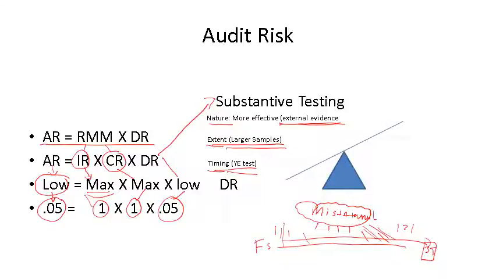We're going to get more into the nature, extent and timing of these procedures in later chapters, but at this point, we want to make sure that we understand that to lower our audit risk, if we have an inherent risk and control risk that has been set at the maximum, we lower our detection risk through our substantive testing: nature, extent, timing.